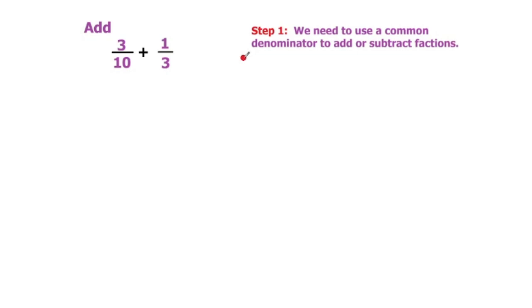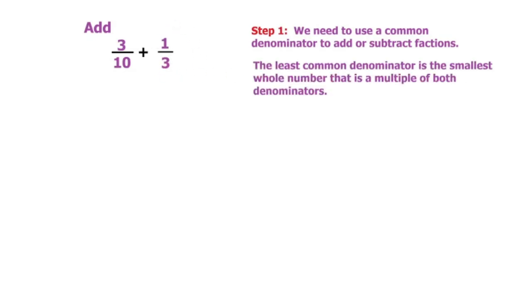If you take a look at the description, you'll find a video in there that explains this in more detail using a model, and you'll understand why the denominators have to be of equal size in order for us to add them together. Okay, so the least common denominator is the smallest whole number that is a multiple of both denominators.